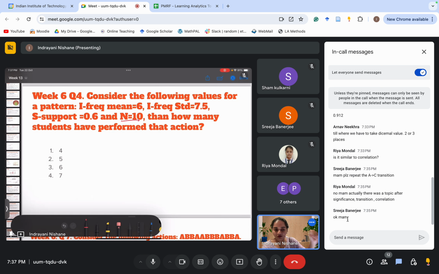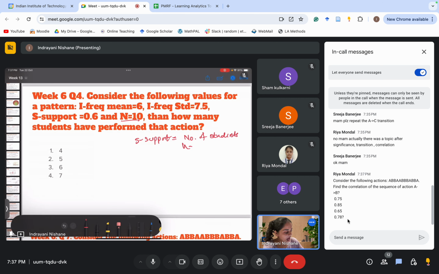I have told you S support tells us how many students from our samples have that particular pattern. And I frequency is how many times that pattern has occurred for each student.